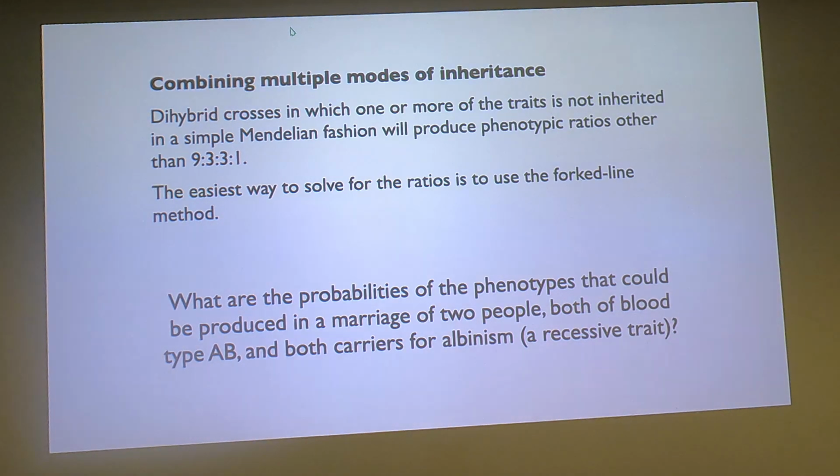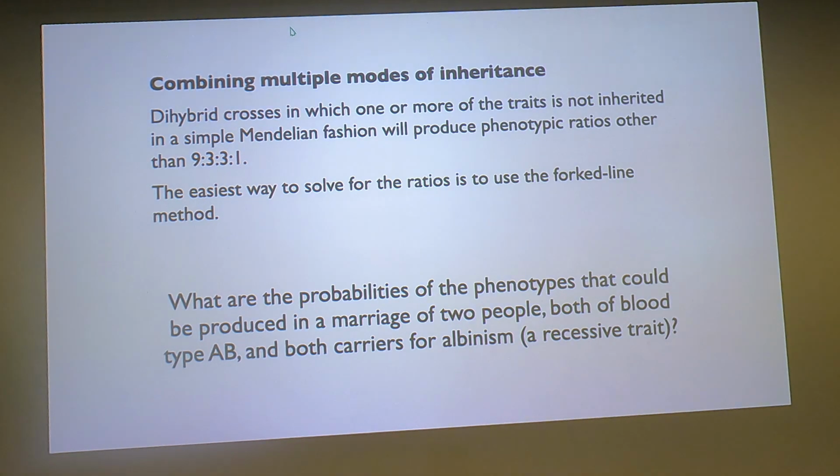And you just ask, what does this trait do? How is this other trait inherited? And you multiply the results together. So never be scared when you see a complicated looking problem in this. Well, maybe later you'll be scared, but now don't be scared. They're all reducible to single, simple Mendelian or non-Mendelian crosses.